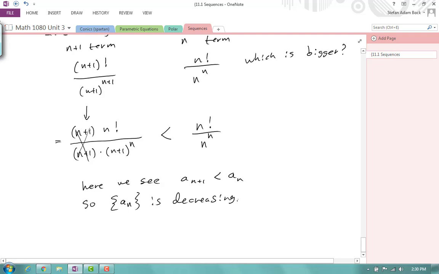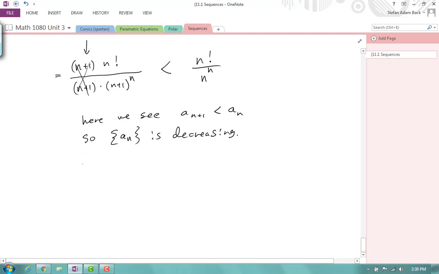Now the other thing I need for the monotone convergence theorem is to show that it's bounded, or at least that it's bounded below. Fortunately, n factorial is greater than 0. Actually, by definition, its minimum value is 0. Actually, I take that back. It's always greater than or equal to 1. The minimum value for n factorial is 1. So if I had 0 factorial, that would default to being 1.